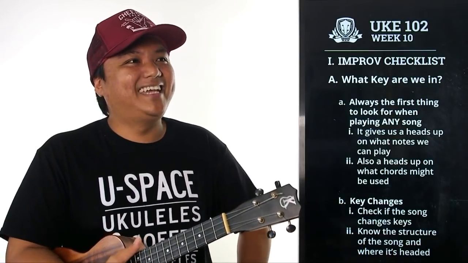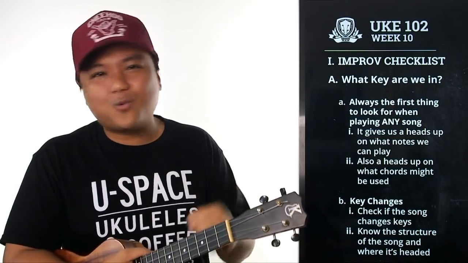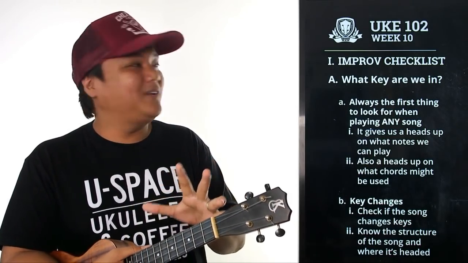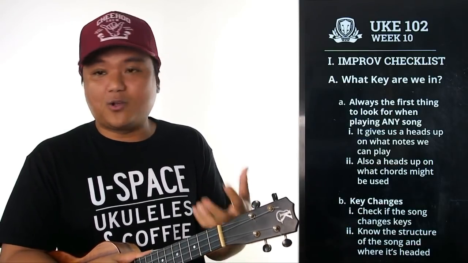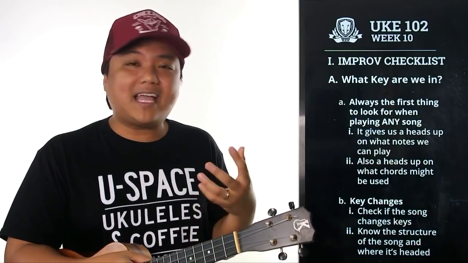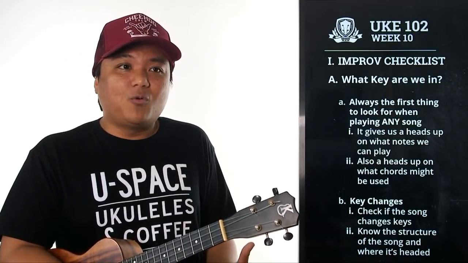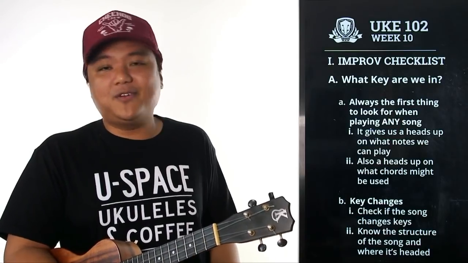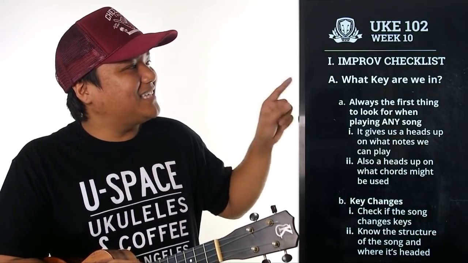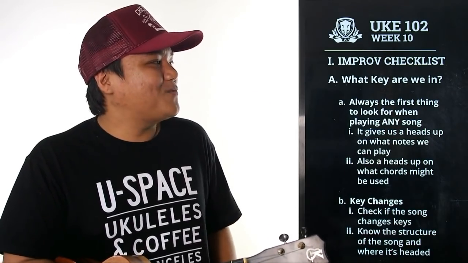At the very least, know what key you're in. That's why we wanted to drive that idea home when we were teaching keys and chord families. It's very important, because no matter what level we reach, or my peers reach, we are still asking this very important question: what key are we in?